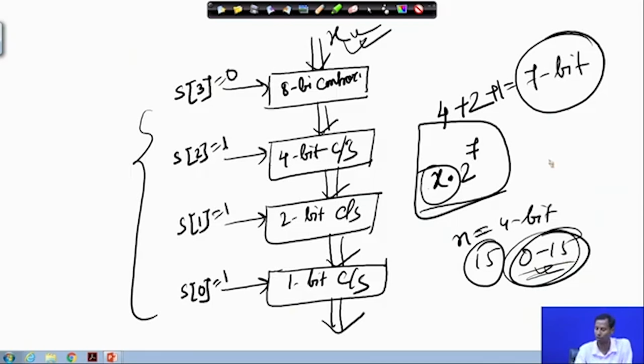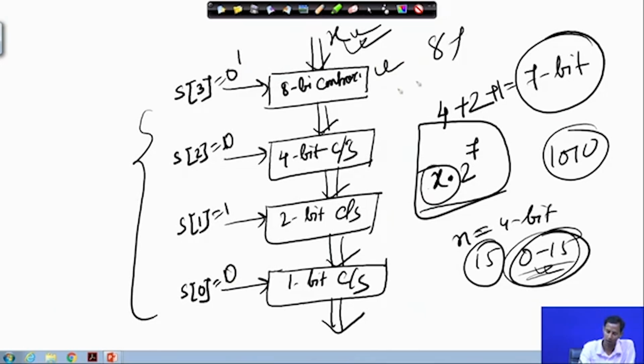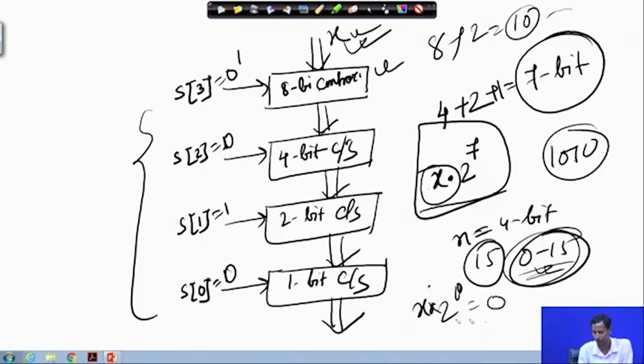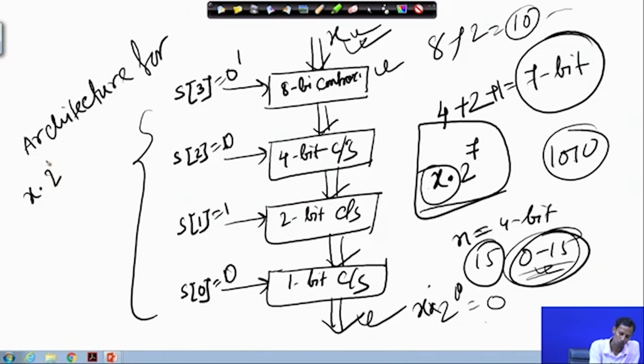If I want 10, then I have to select this as 1 0 1 0. So, here it will be shifted by 8 and here by 2, 8 plus 2. So, total 10 bit shift, meaning x into 2 to the power 10, I will get as the output. So, this is the architecture for x into 2 to the power n.